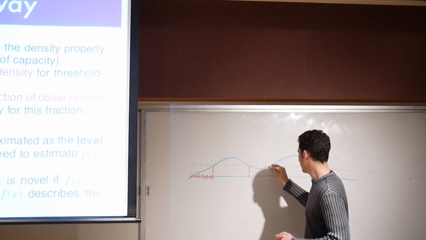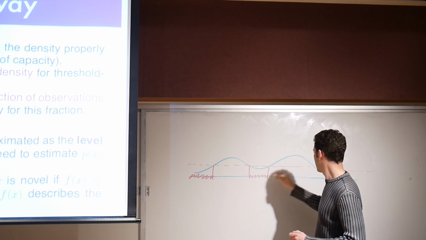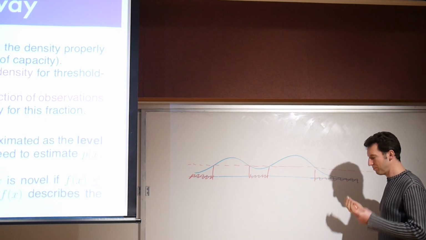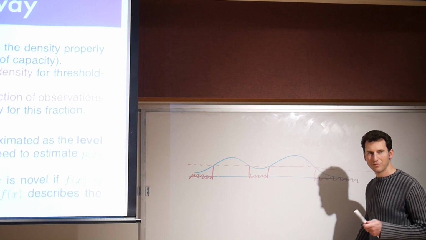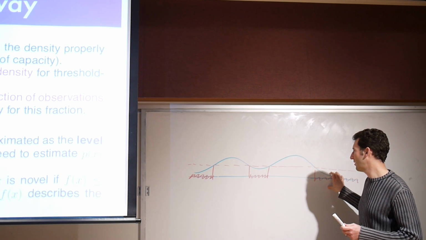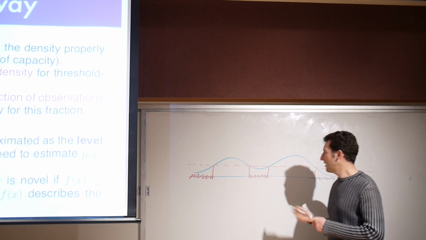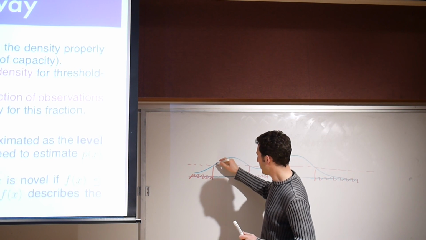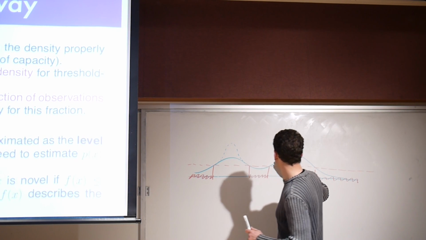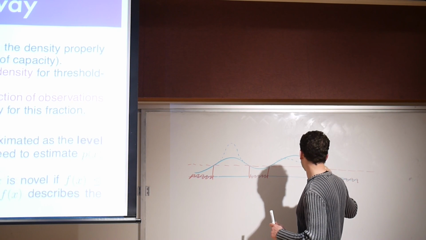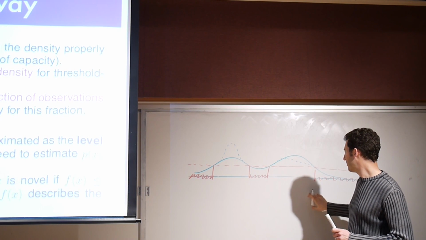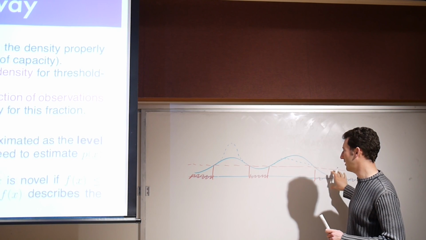It's going to pick this. It's going to pick this. And that's what I'm going to declare to be an outlier if I see any data in it. Now if you think about it, it doesn't really matter what this function does above the threshold. Right? It could do anything. And that would be still good enough, as long as it does a reasonable thing in the low density regions.